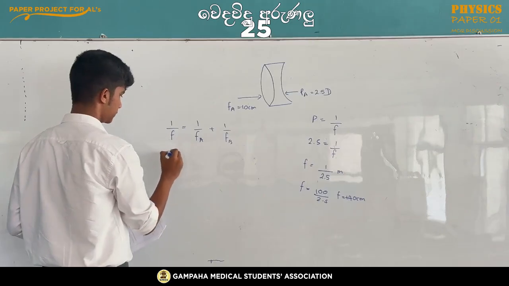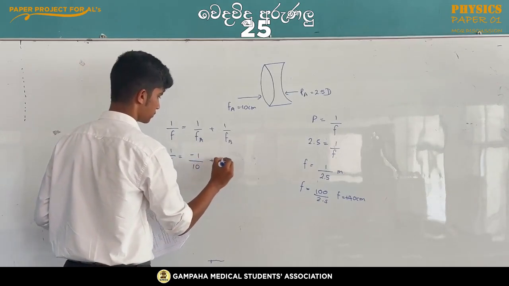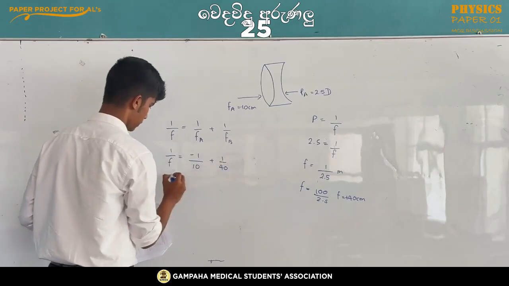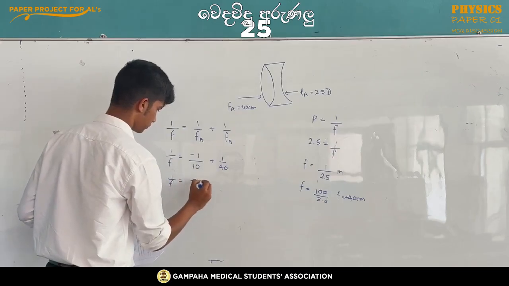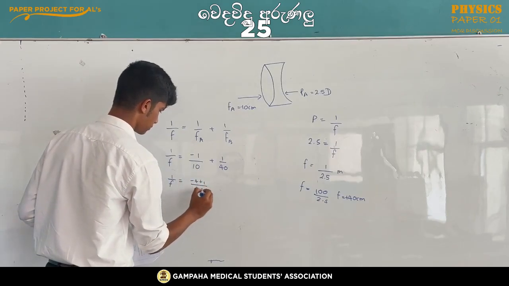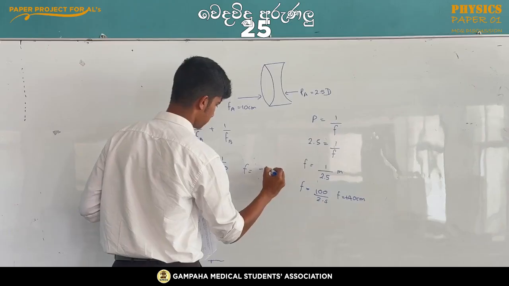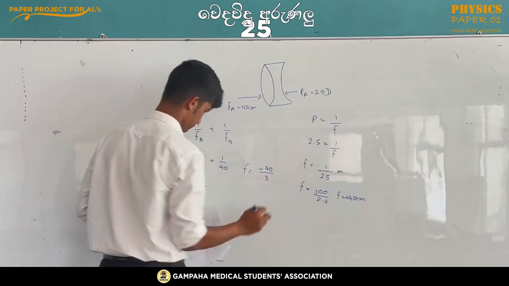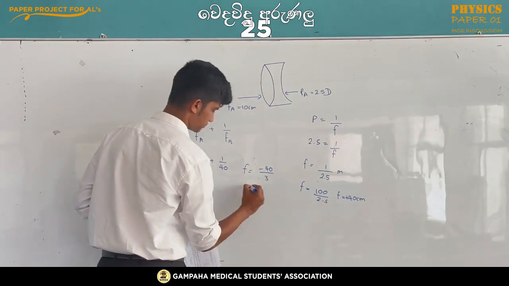So then the focal length is F equals minus 40 over 3. So then the correct answer is the fourth answer.